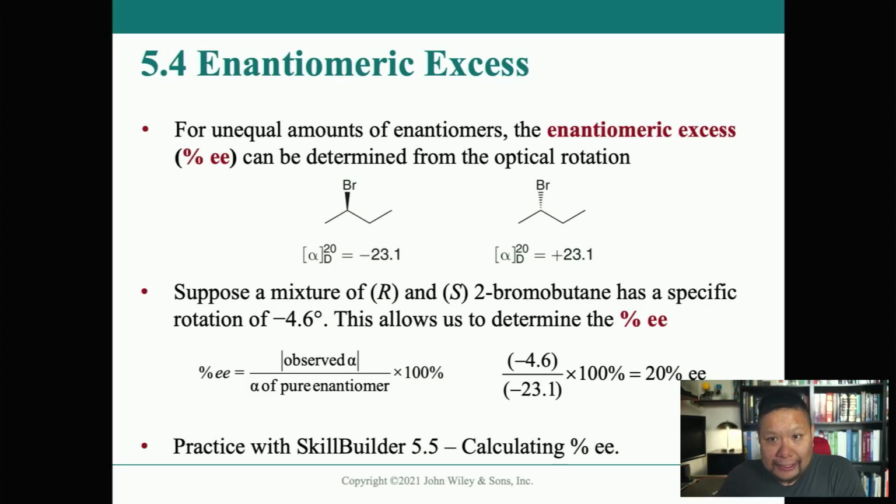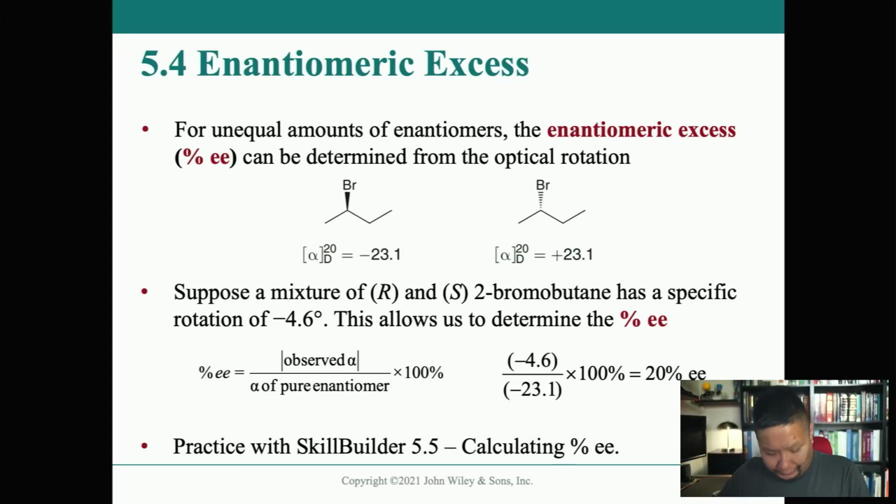So you can actually calculate this. You can calculate the enantiomeric excess, the EE. Literally, the enantiomeric excess is how much more of one enantiomer you have than the other, right? And you can do that based on how much the degrees rotates.